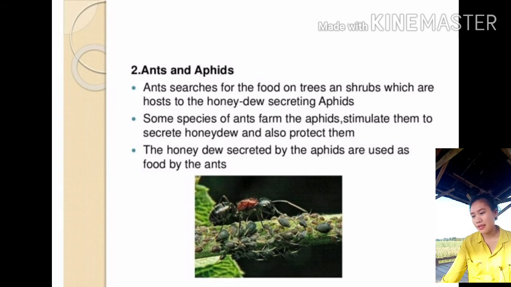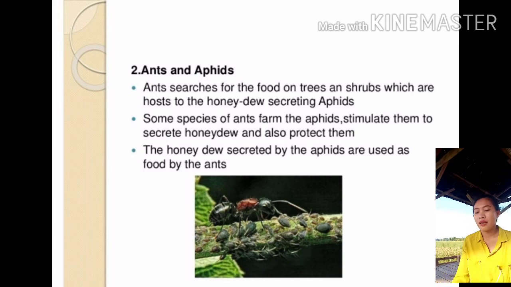And we also have here the honeydew-secreting aphids. As the aphids live on that certain plant and secrete the honeydew on that plant, the ants get their food. Some species of ants farm the aphids, stimulate them to secrete honeydew, and also protect them.